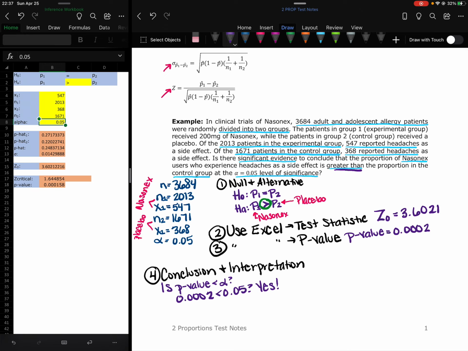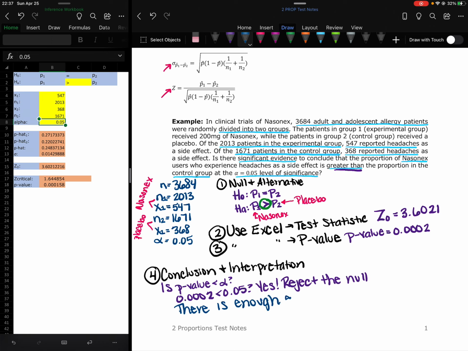Our probability, our p-value is too small, so we reject. Our p is low. We are going to reject H0, reject the null. And that means that there is enough evidence. Remember, the evidence is the p-value. A low p-value means there is enough evidence. A high p-value means there is not enough evidence.